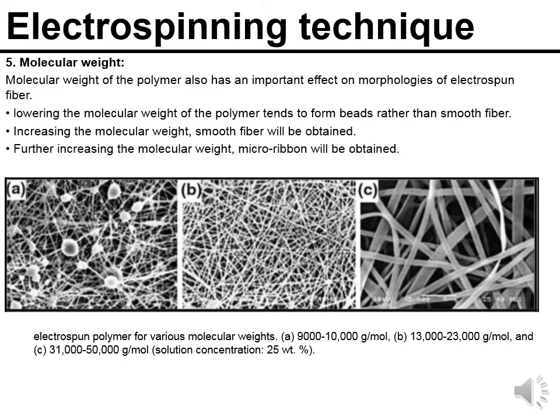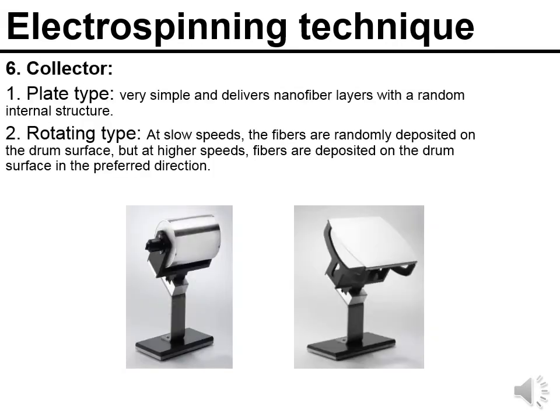With an increase in molecular weight, smooth fiber will be obtained as in figure B, but with further increase in molecular weight, micro ribbons will be obtained as shown in figure C. The final parameter affecting the nanofiber is the collector. The collector may be plate type, as in the figure on the right, or rotating type, as in the figure on the left side.